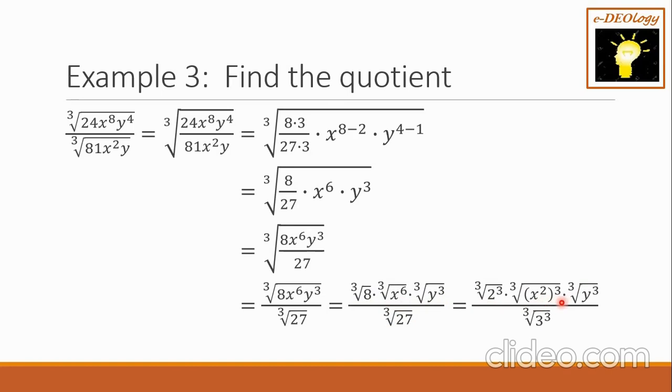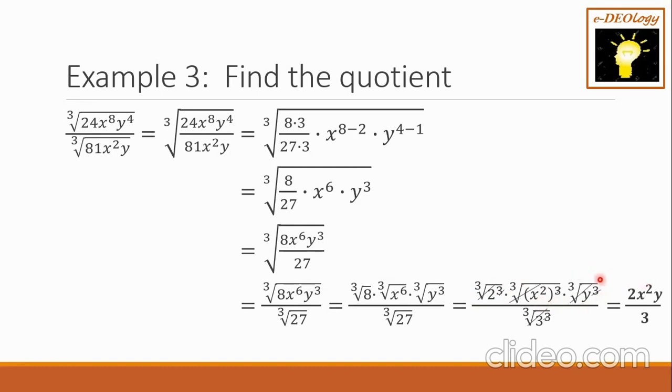So from here, we can now simplify. We can now cancel the radical and the powers respectively. So for the first term, we can cancel the radical with the power 3. So only the base 2 will come here. In the second term, we cancel the radical also with that power 3. Only the x squared will come here.